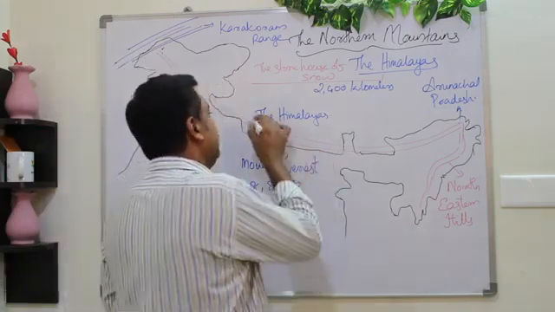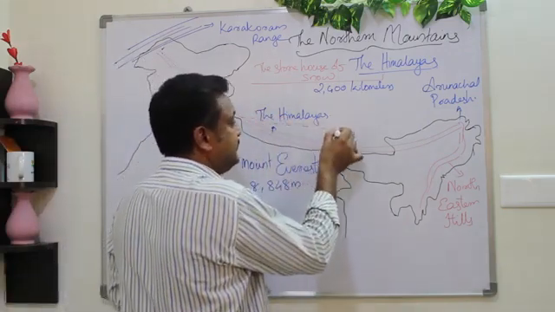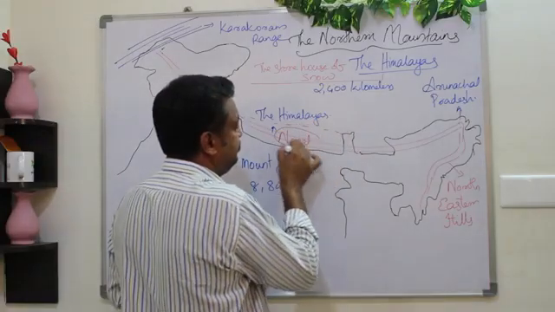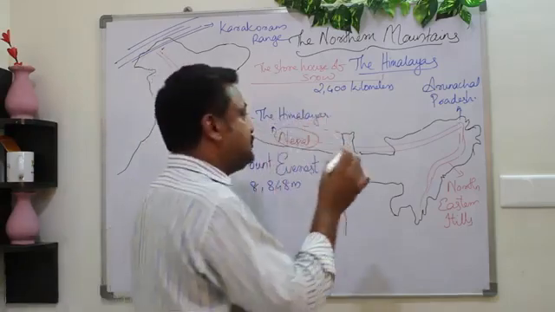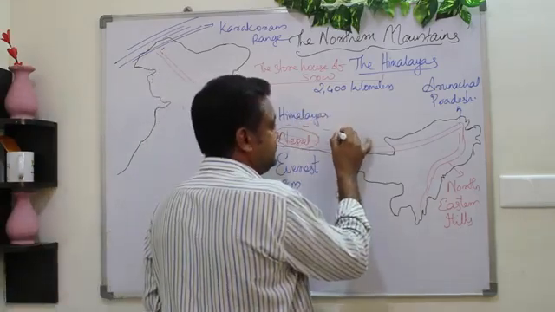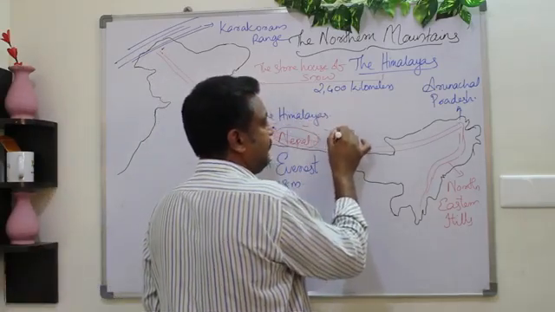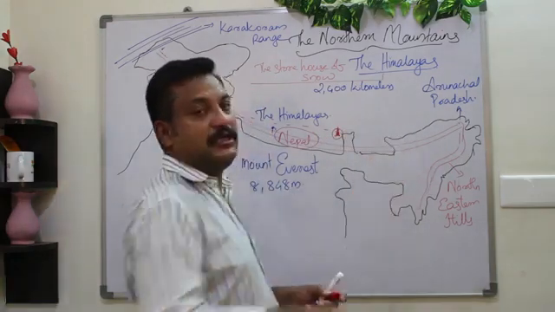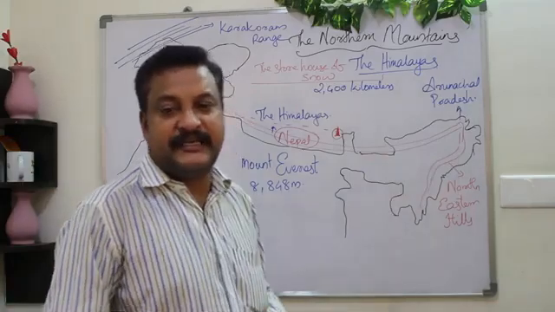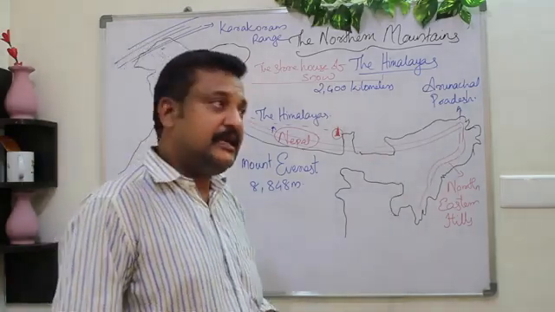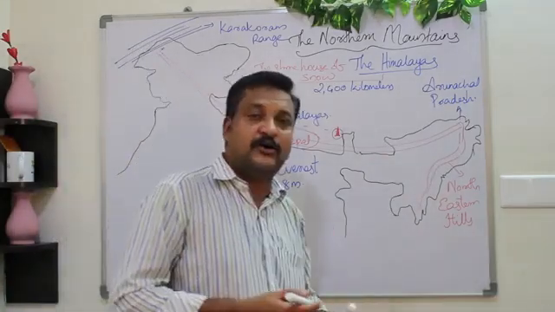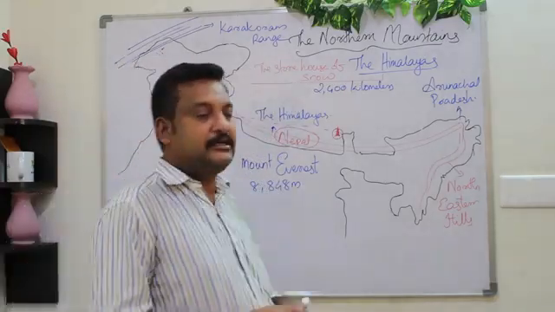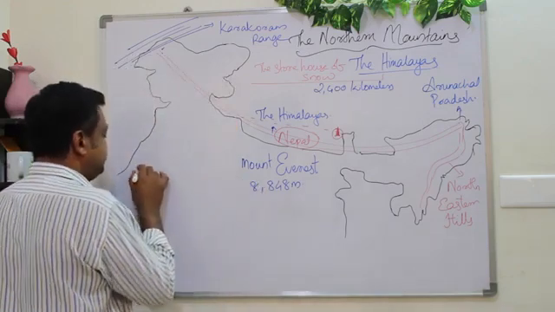So which is Nepal here? Yeah, this region is Nepal. Okay, and the location of Mount Everest is here. It's very close to the state of Sikkim in India. Okay, there are some other highest peaks also here in the Himalayan range, like Kanchenjunga.